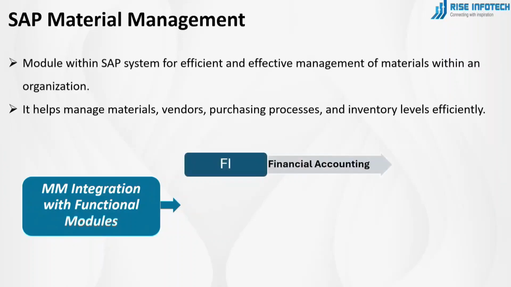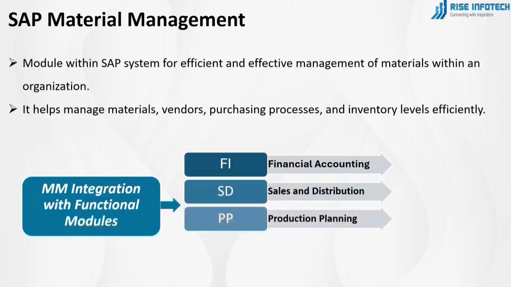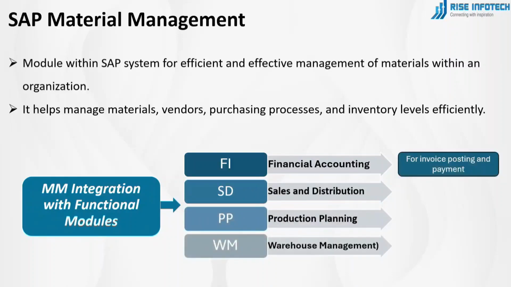One is FI, financial accounting, another is SD, sales and distribution, another is production planning, then warehouse management. Financial accounting is mostly used for invoicing, purchase-related activities and receipts. Sales and distribution covers order fulfillment, like stock units, SKUs, and how they are distributed.